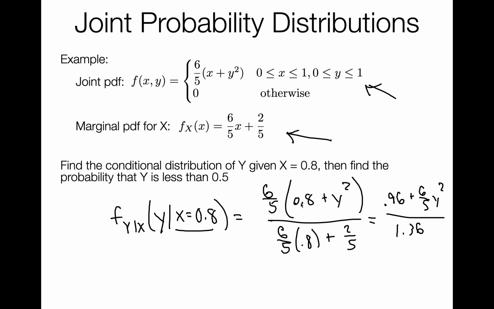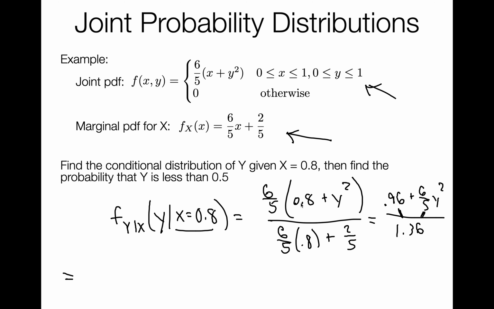And you could even go further if you wanted to and divide 0.96 by 1.36 and 6/5, just to get no denominator left over. And so we'll do that. 0.96 divided by 1.36 is 0.706. So I'm going to move down a row and over to the left side.